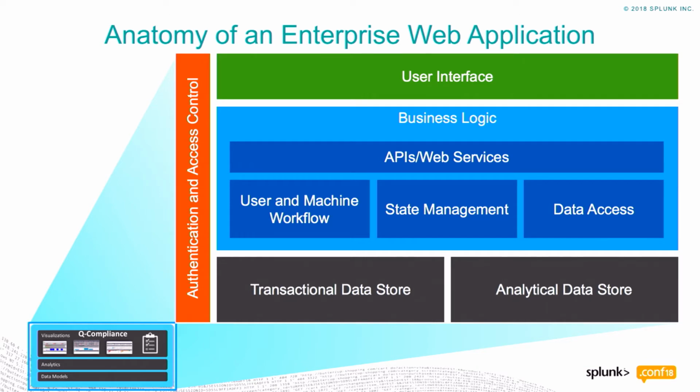The data access components allow us access to 2 data stores that we utilize. So a transactional data store for more write-focused capabilities, and then an analytical data store for the analytics and more read-focused capabilities. Then cutting across all of those layers, application security, authentication, access control.